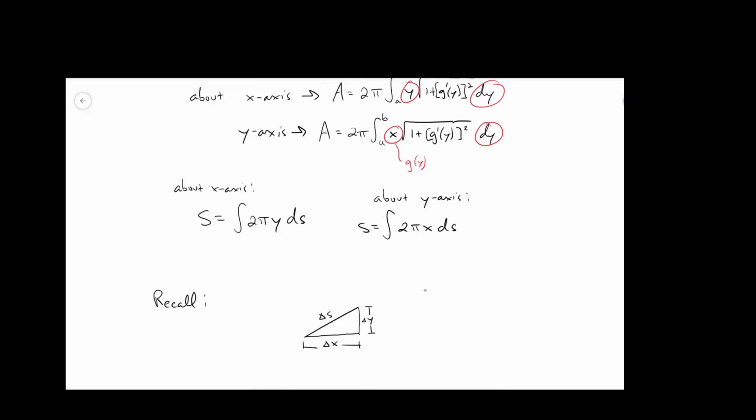That's coming directly from the Pythagorean theorem. You see, what is the ds? Well, the Pythagorean theorem says delta s squared equals delta x squared plus delta y squared, right? So if I want to solve for delta s, I would just take the square root of that. And so I would get the square root of delta x squared plus delta y squared.